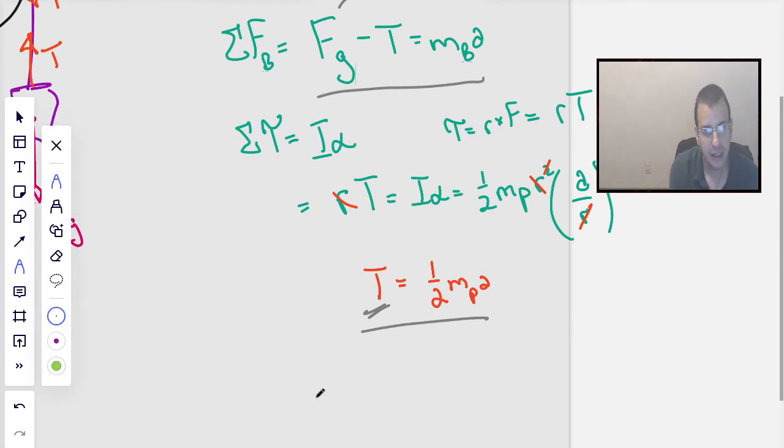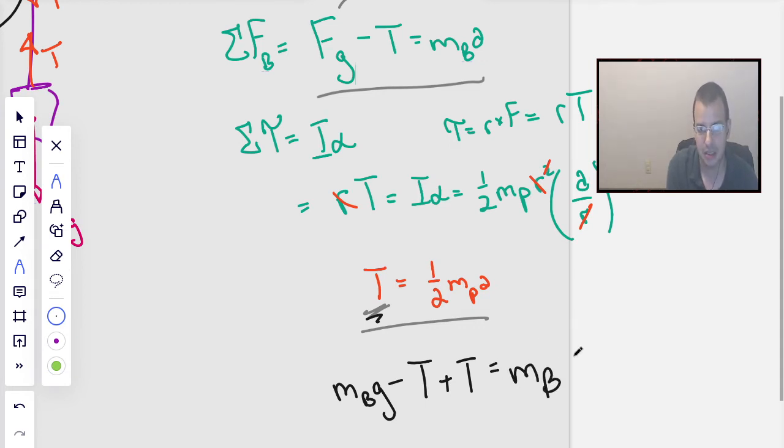So I'm going to get force of gravity, which is going to be mass of the block times gravity, minus tension, so that's the left side right there. Then we're going to add the left side of this one, which is plus tension, which equals mass of the block times acceleration plus 1/2 mass of the pulley times acceleration.